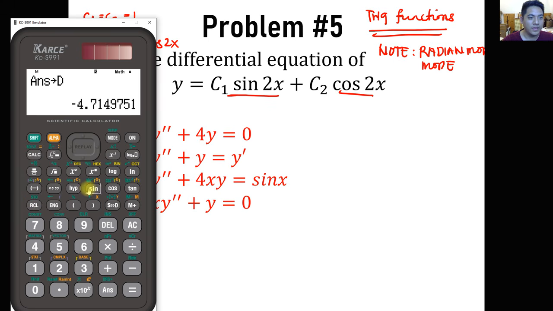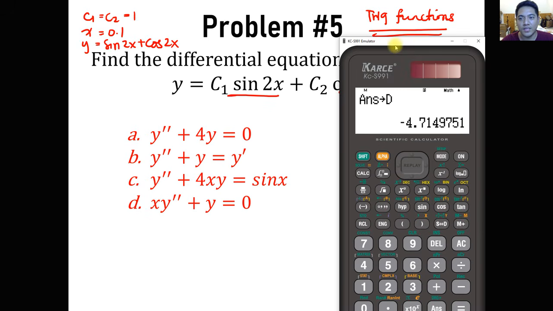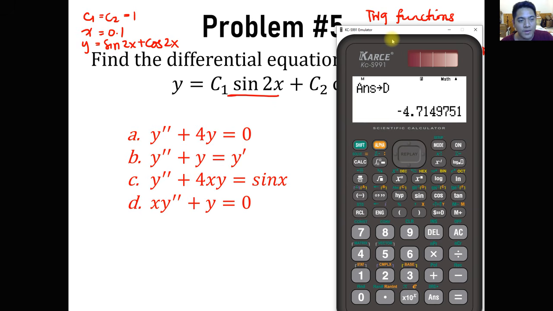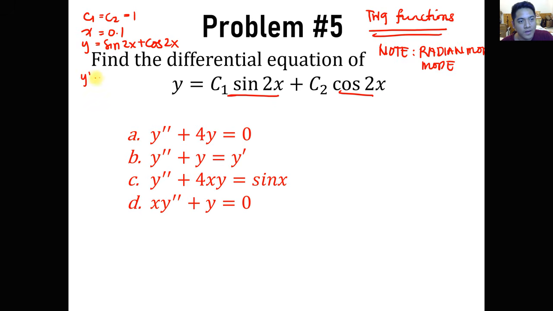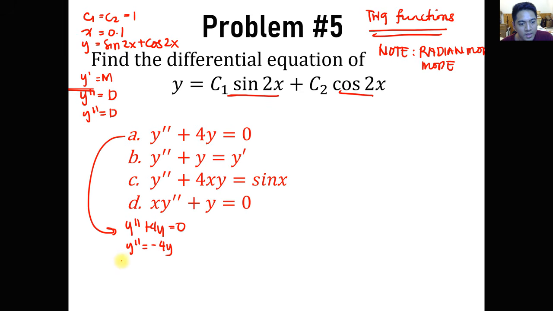Shift store D. Now, going on to the choices, I now have the complete. So, I have y prime equals M, and I have y double prime equals D. So, going to the choices, I have y double prime plus 4y equals 0. So I have y double prime equals negative 4y. Y double prime all over negative 4y equals 1.